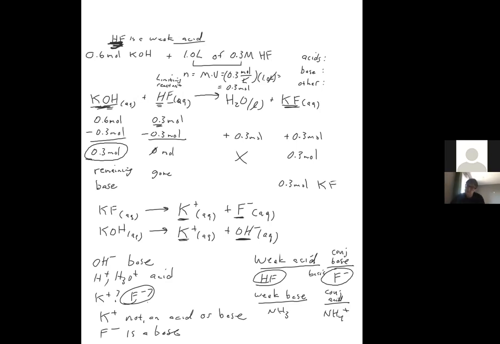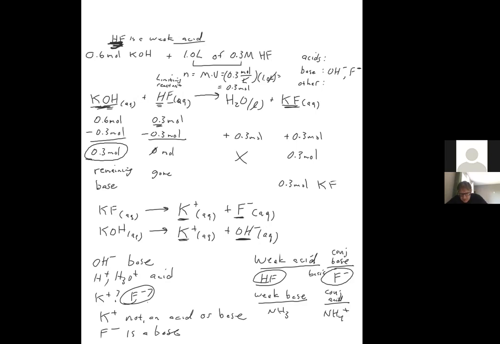So here's what we do in terms of the notation of this particular problem. There is no acid left over. There's no H plus and there's no HF. All the HF has been used up. So there's no acids here. But in terms of the base, there's actually two. There's the hydroxide, which is clearly a base, but you have the conjugate base of a weak acid, and that's the fluoride ion.